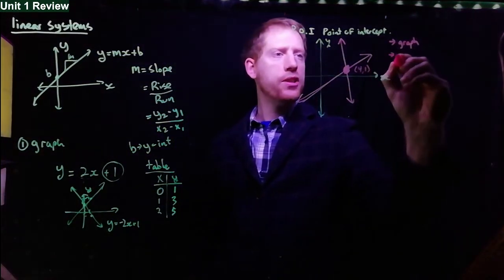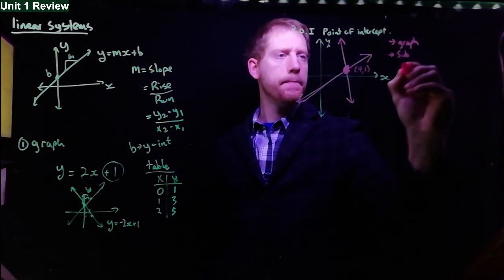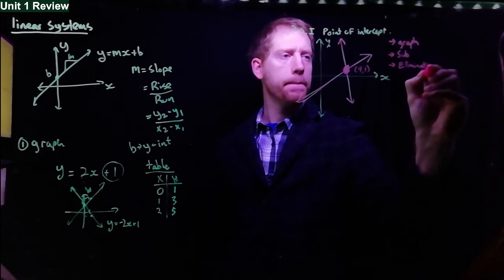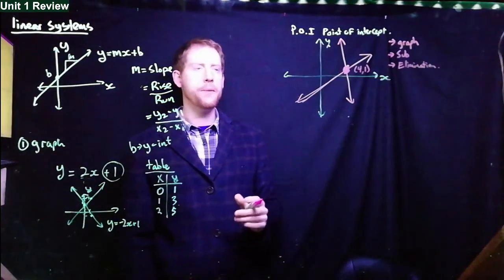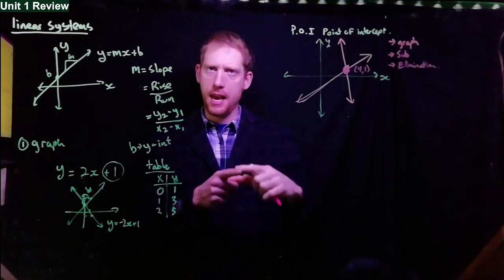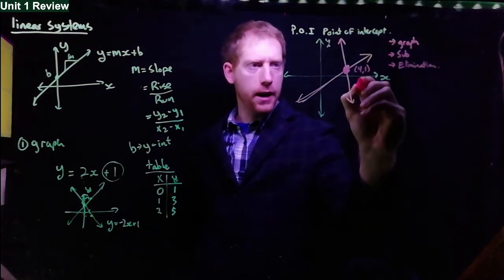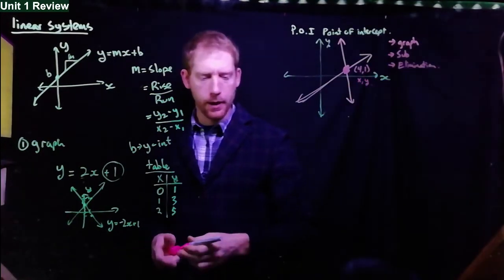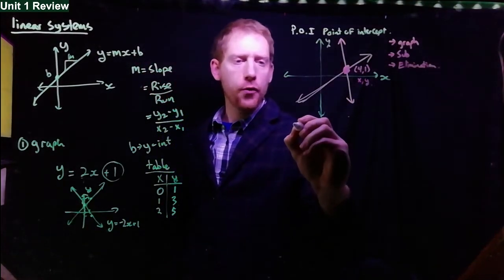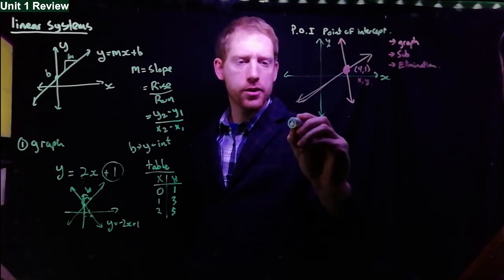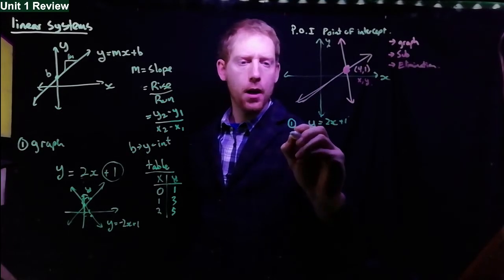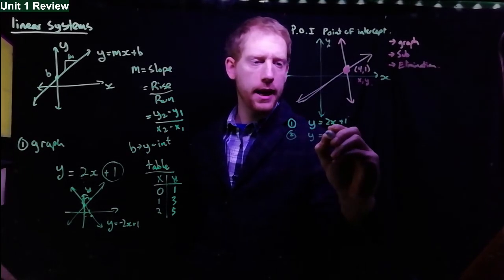Another way we can solve is through substitution or elimination. Substitution and elimination are different ways that you put one function into the other to find out the point right here. You want to find out the x and y location. Okay? With substitution, for example, I have 2 equations. y is equal to 2x plus 1, and y is equal to negative 2x plus 1.